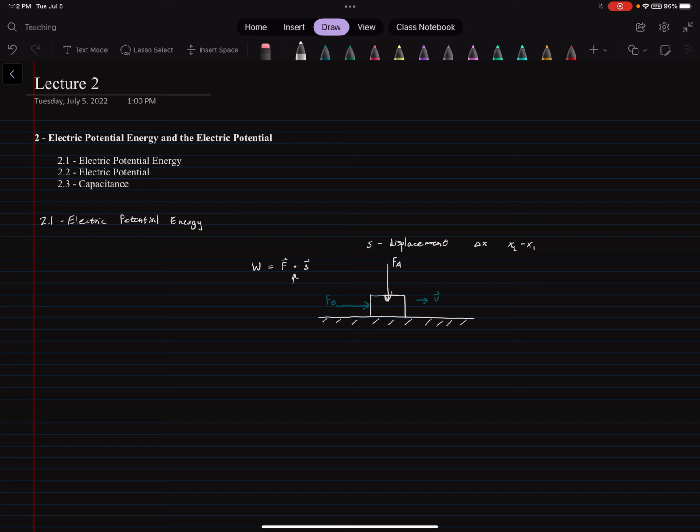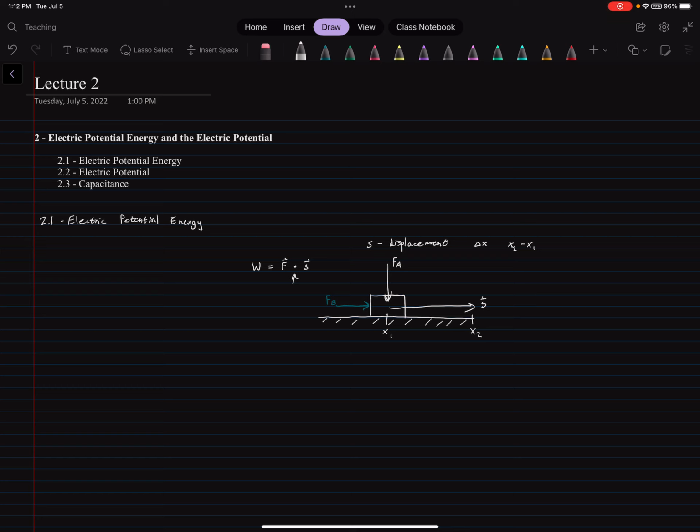So the amount that something like the force is in the direction of the displacement matters. So if the displacement is, let's say, x1, and then it eventually moves to x2 down here, you have this displacement vector here, and FB is completely in line with S, our displacement vector.